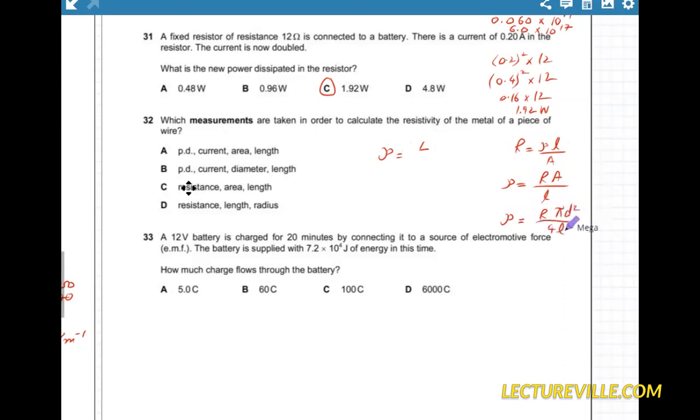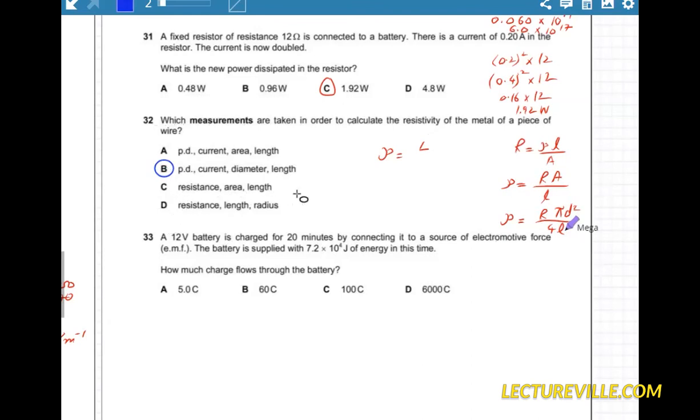So what do we need to measure? To find resistance, we need voltage and current. We need diameter and we need length. Diameter, length, current, potential difference. B. Which measurements are taken in order to calculate the resistivity?